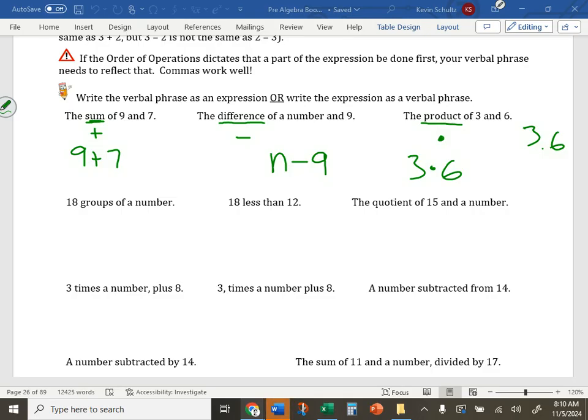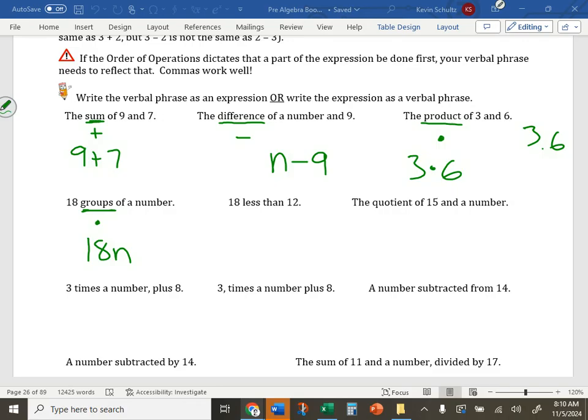18 groups of a number. So here we have this word groups. In this case, 18 groups of a number, is that multiplication or is that division? Multiplication. What word would have to be there to show it's division instead? Into, right? But 18 groups of a number, we are multiplying. And do we even need to put that multiplication symbol here? We do not. Mathematicians are lazy. If we can get around doing something, we do.